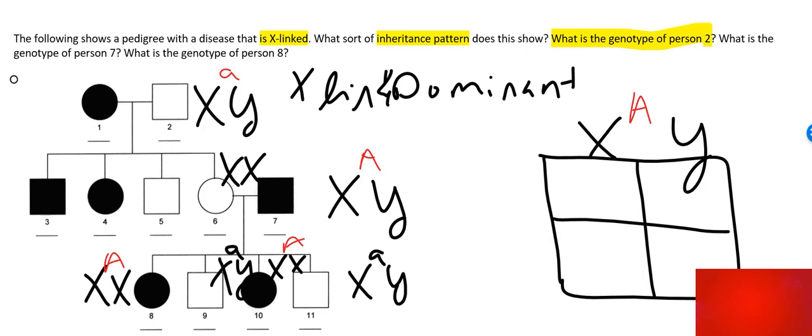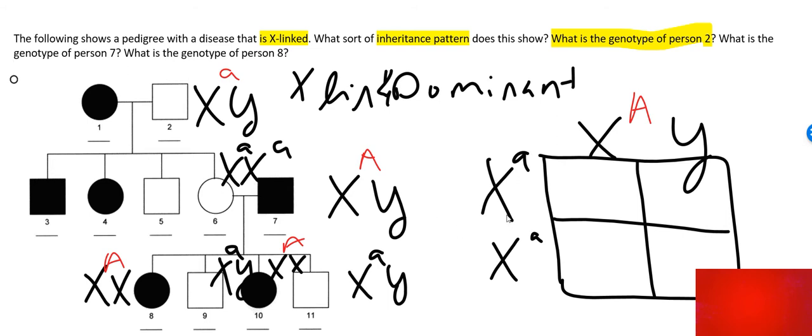So let's go back to mom. Oh no, we're wanting person 8. Okay, so let's go back to mom. She's XX. And we know that because mom is unaffected, she has to have 2 lowercase a's, because if she had 1, she would have the disease since this is a dominant disease.